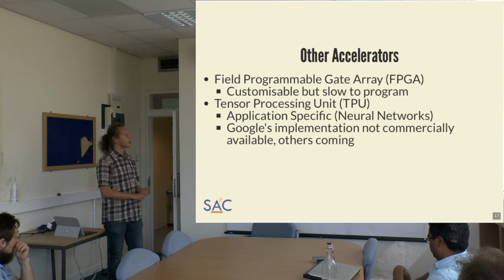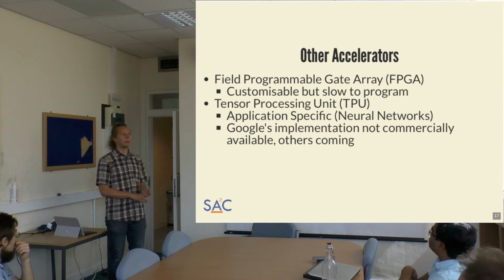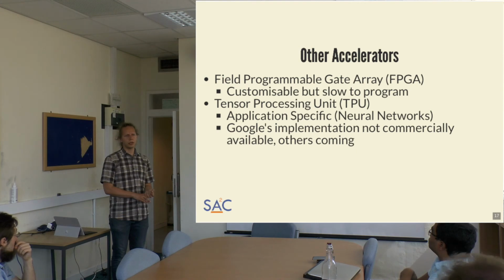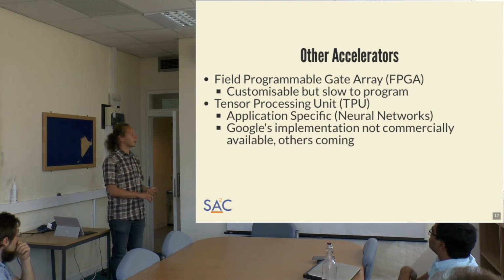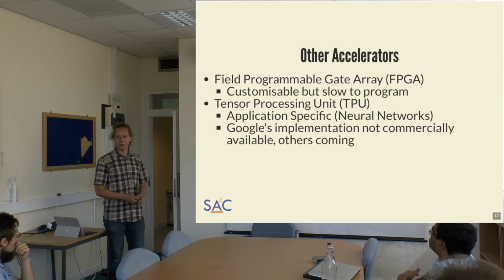Then there are these Tensor Processing Units emerging. They will probably become a lot better in the next few years. Right now, the only one really commercially in use that I know of is Google's Tensor Processing Units, which are not for sale. They just use them themselves.